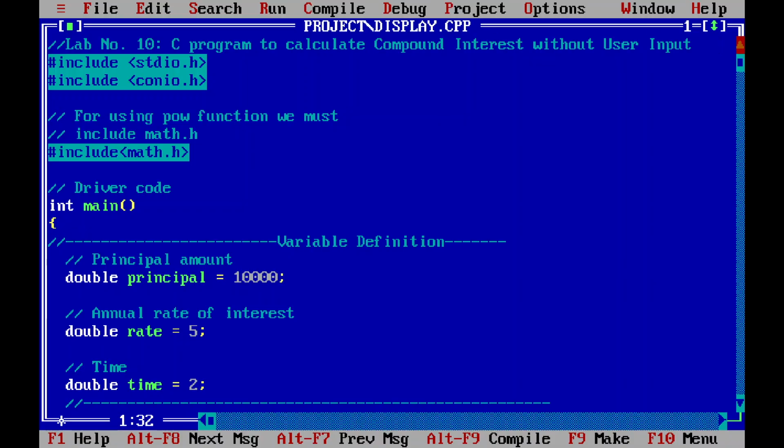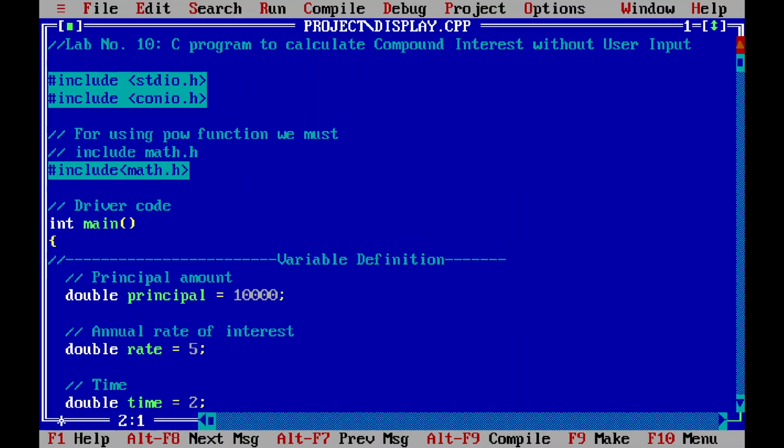So as per our basic programming skills, since it is a bigger program, I have already done the program, and I am showing you how exactly we have to do the programs in a better way. So first of all, we have included the header files. What are the header files that we include in general?